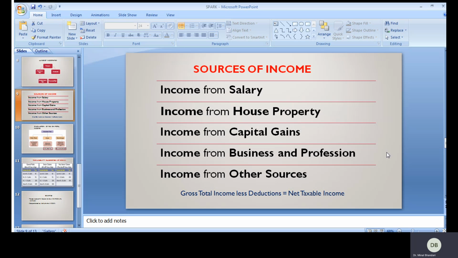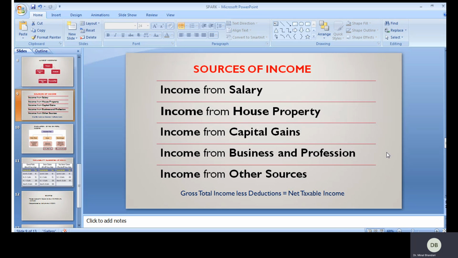If we are running any business, whatever profit we receive is income from business. Or if we are professionals and we are receiving some professional fees by offering such services, then it is income from profession.